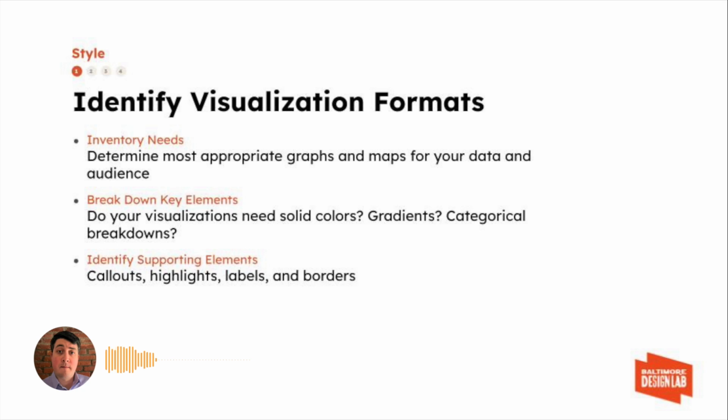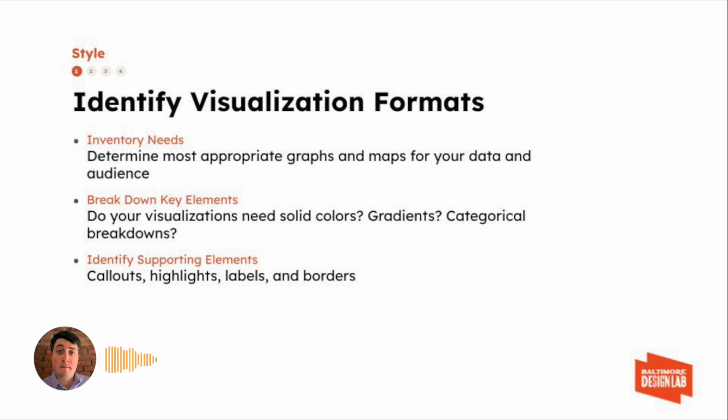So the first thing to identify your visualization formats is inventory what you're going to need. The guide covers a lot of the most common types of visualizations, as well as a few that are less common that you might want to use, and talks about when those are the most appropriate and some of the ways to optimize each of those. And so as you put that list together, we can identify the key elements that you're going to need.